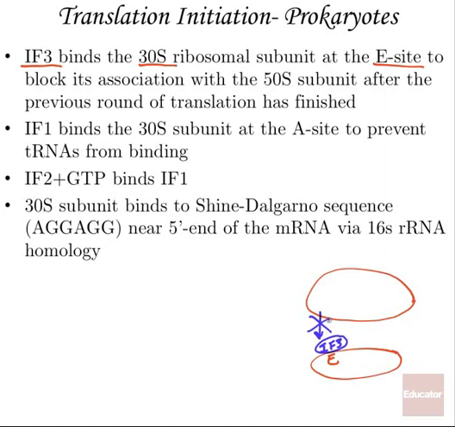that you can't rebind. Next, we have IF1 binding the 30S subunit at the A site. Okay, so this would be the P, that would be the A. Okay, so we have IF1.